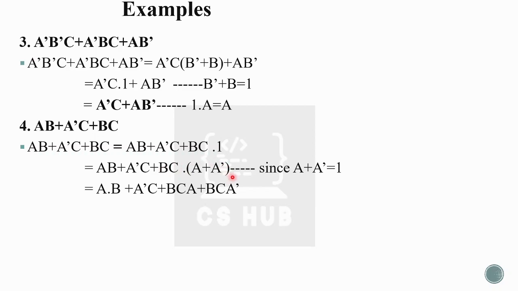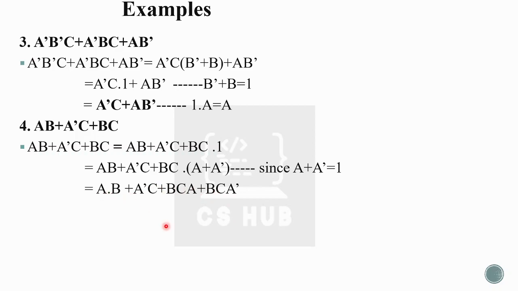Okay. Then let's arrange these terms because here in AB, here also BCA means ABC, right? Because of commutative law, we can arrange these literals in any form. So BCA is equal to ABC, and I'm arranging these literals using the commutative law and associative law.